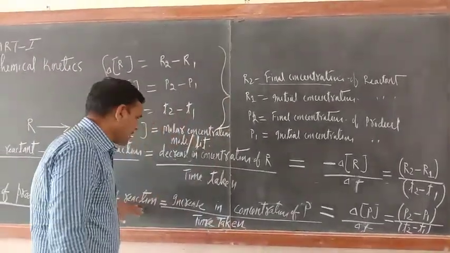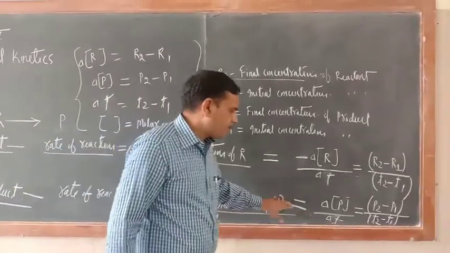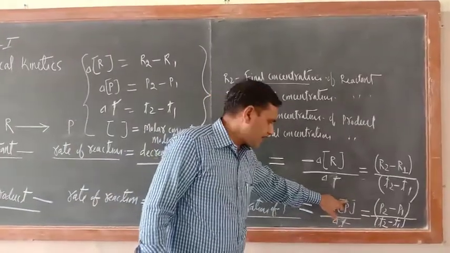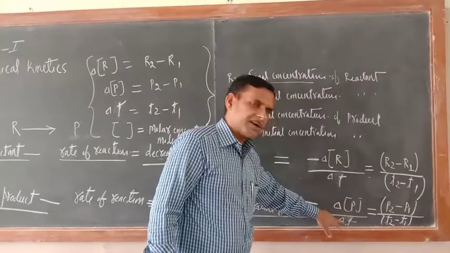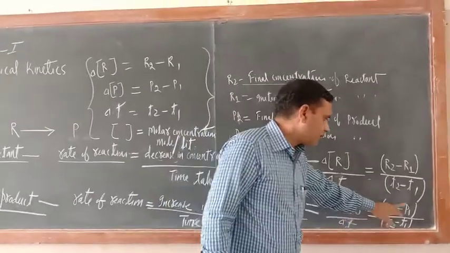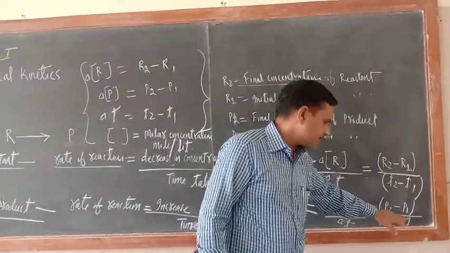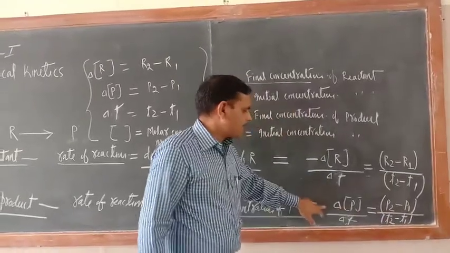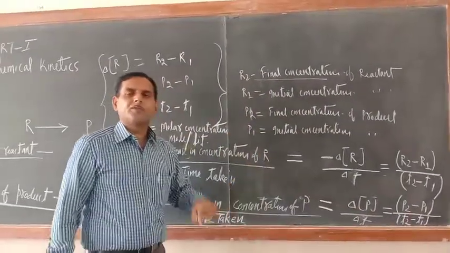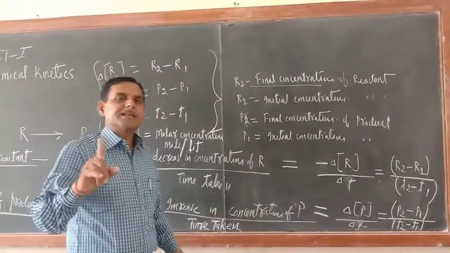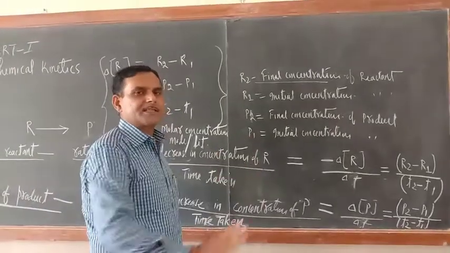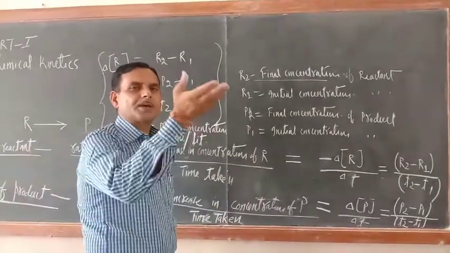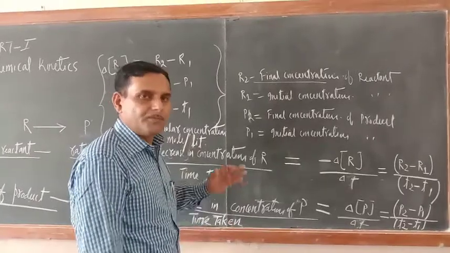Now in case of product, what is there? Same thing here: delta P molar concentration divided by delta T, that is equal to P2 minus P1 divided by T2 minus T1. Here the minus sign won't be there. Why won't it be there? The reason is that with the passage of time the concentration of product is increasing.